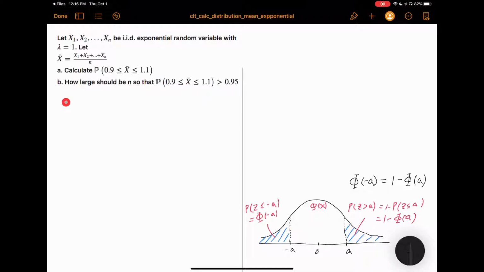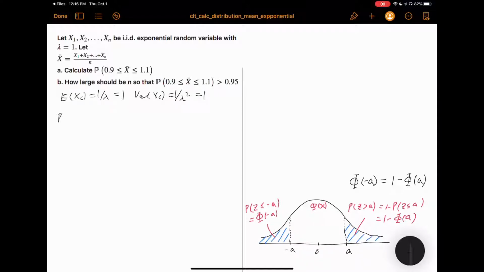First, let's recall that if X has an exponential distribution, the expected value of X is equal to 1 over lambda. This is equal to 1 because we know lambda is 1. So the variance of X is equal to 1 over lambda squared, which is also equal to 1.